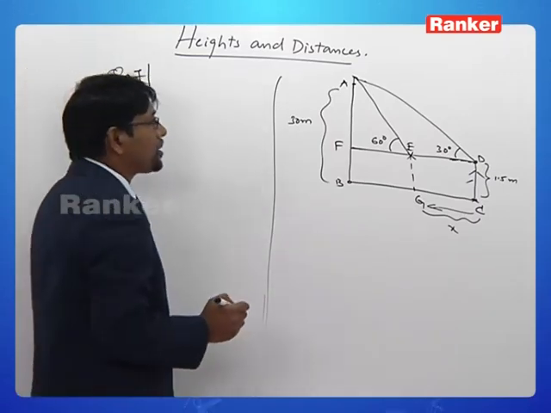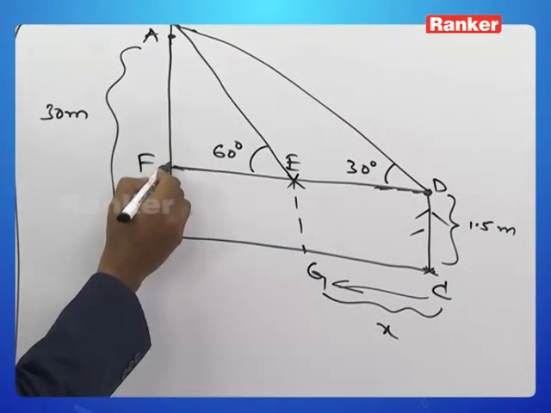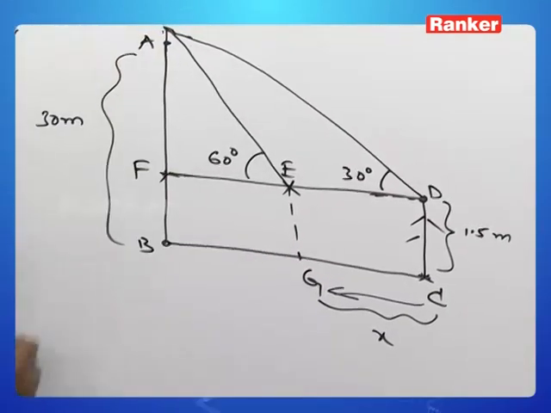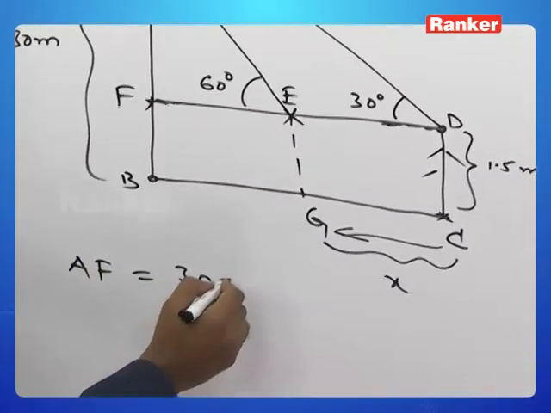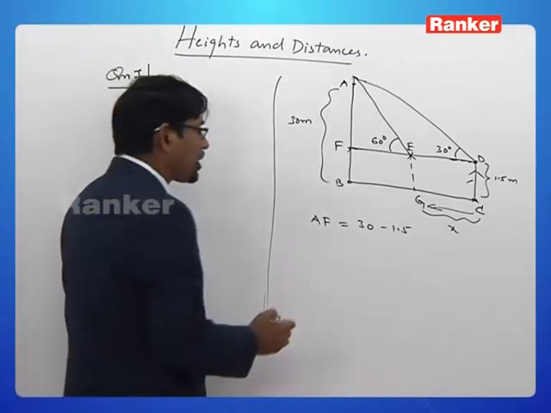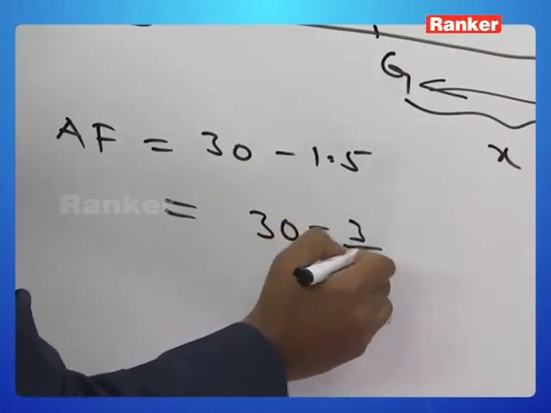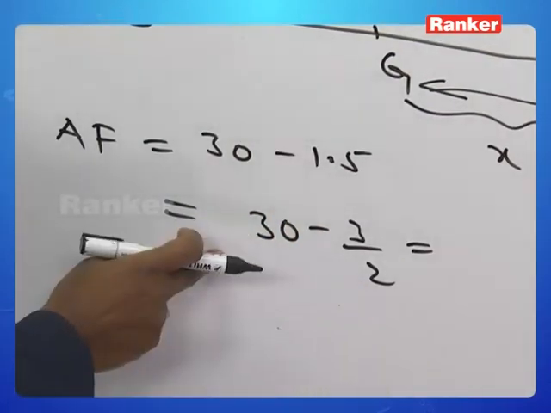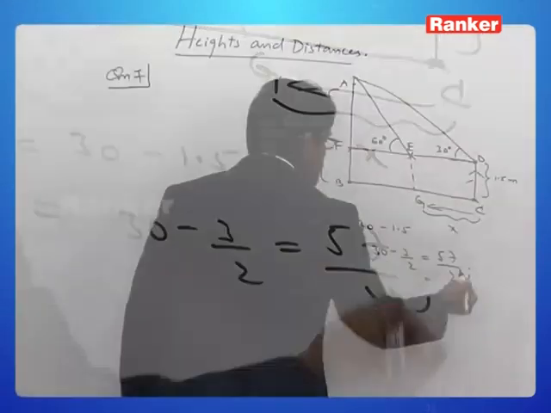Now observe that AF is 30 minus 1.5. Let's convert it into fractions. 30 minus 3 by 2, that is 57 by 2.